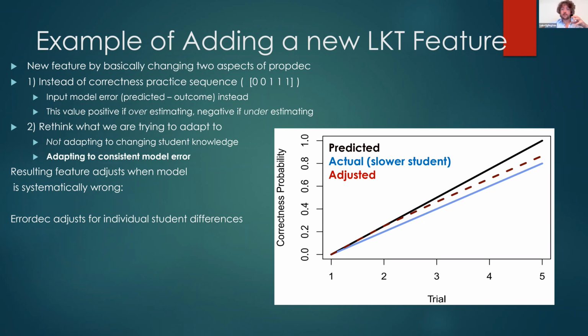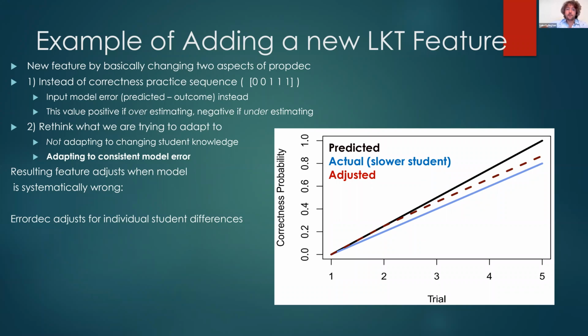So it's this prop deck, except the input is this difference, this prediction minus outcome. And the feature ends up adjusting for that systematic error that the model is going to make. And it's pretty prevalent because people have to use overall average learning rates represented as coefficients when they're predicting performance for new students, right? We don't have student level parameters, right?